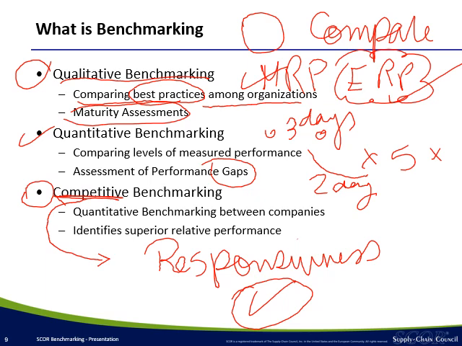And that's a competitive way. We want our supply chain to be fast. So how fast we are in comparison to other supply chains. So this is concerned with quantitative benchmarking between companies. We're comparing our company to other companies.